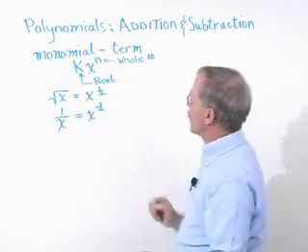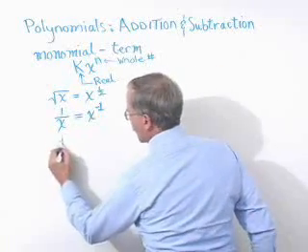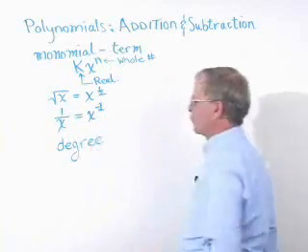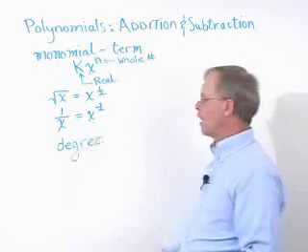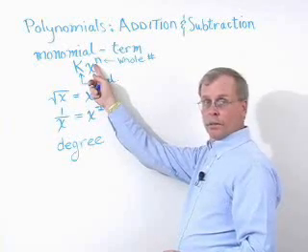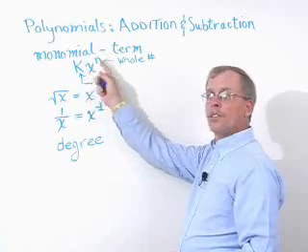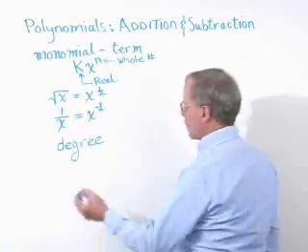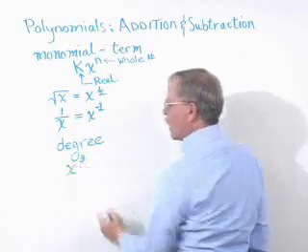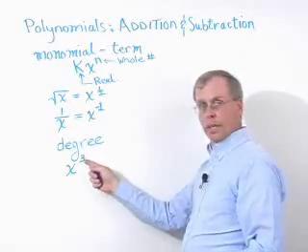Another thing that comes up here is a discussion of the degree of a polynomial. The degree of a polynomial is either the exponent of the variable or the sum of the exponents. So if you have a monomial of x to the 3rd power, we'd say it has degree 3.